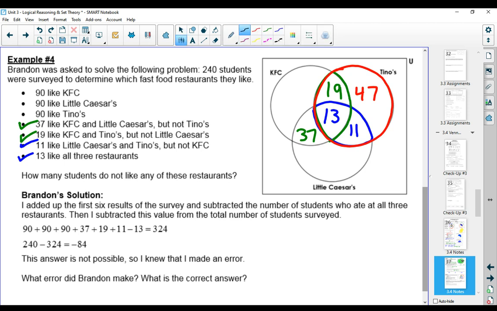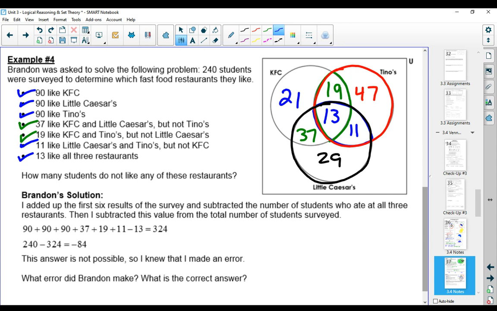For Little Caesars, 90 students liked Little Caesars. So again, 90 take away 37, take away 13, take away 11 gives me 29. And then the last part is KFC, and 90 like KFC. So 90 take away 19, take away 13, take away 37, leaves me with 21.